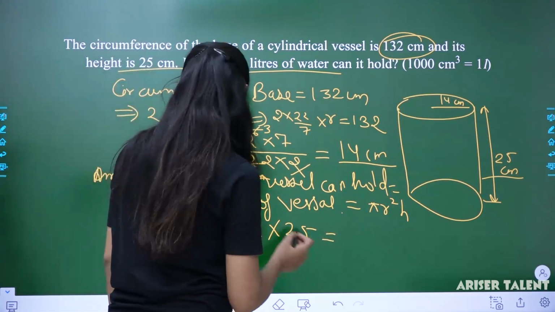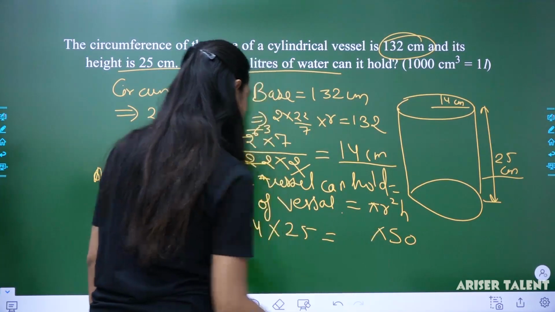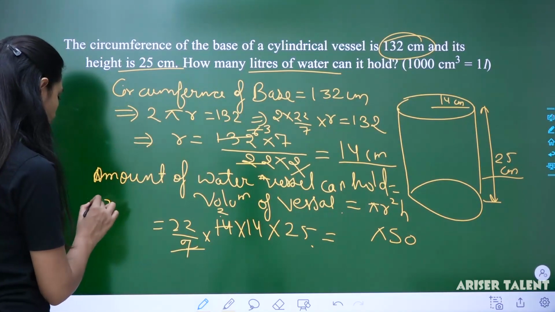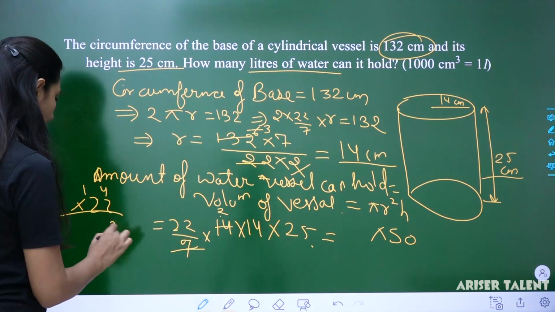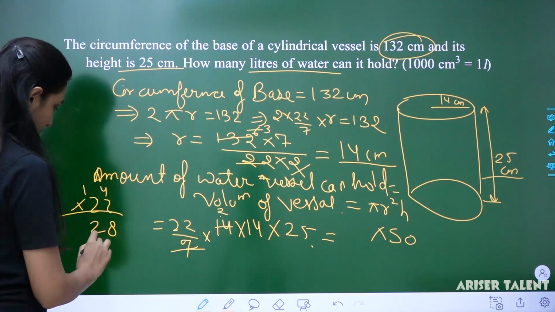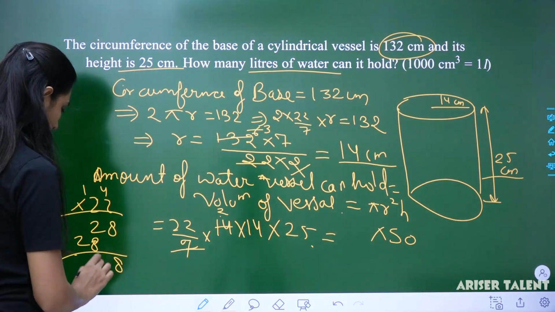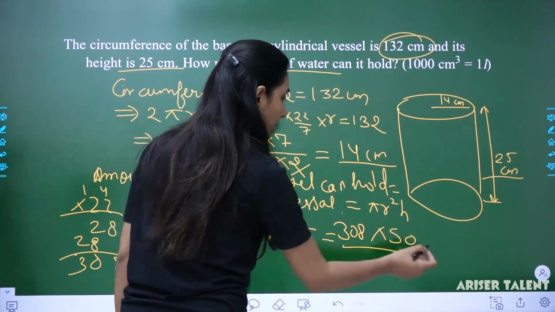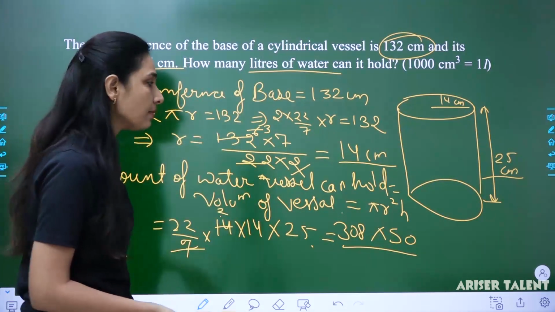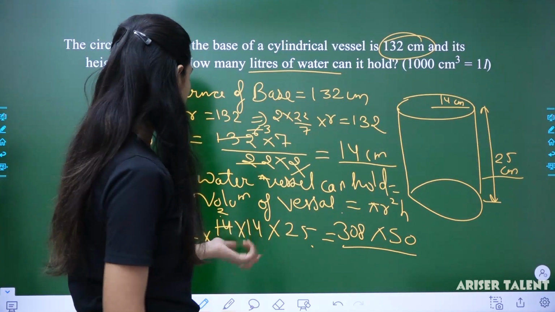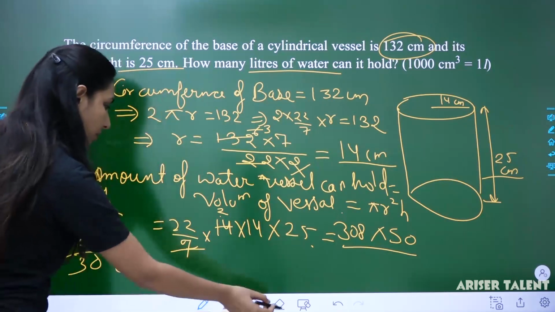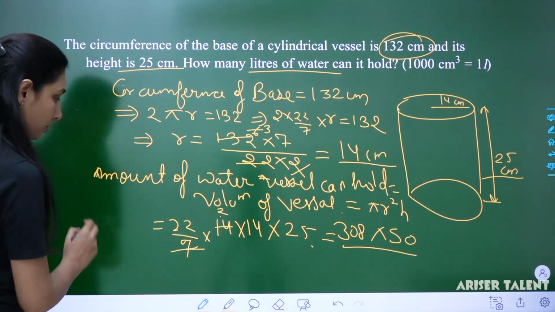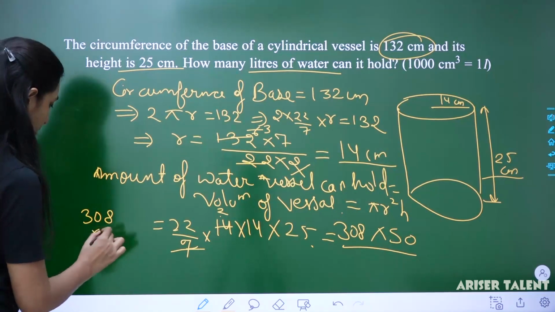So we'll have this 50 here, and you'll have this 22 and 14 here. 8, 2. So 8, 2 again. 308 here. Now just multiply these two digits. This is a simple calculation, and you will get some number here. So that will be 308.